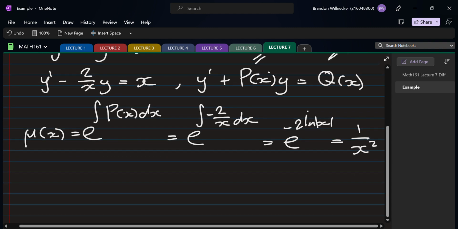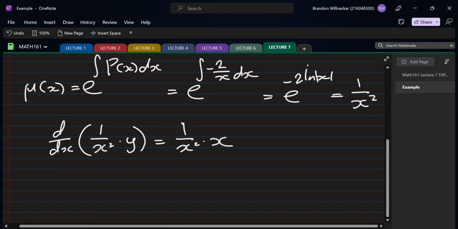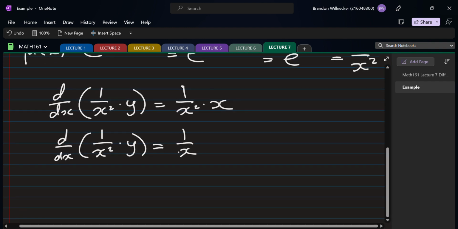So now we can substitute that into that previous equation. So d by dx, our integrating factor times y is equal to the integrating factor times q. Okay, but q, that was just x. So we have d by dx of 1 over x squared times y is equal to 1 over x. Okay, x over x squared, that's 1 over x. Now we can integrate both sides.